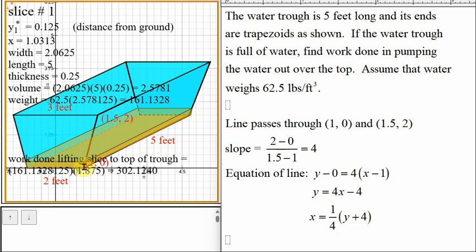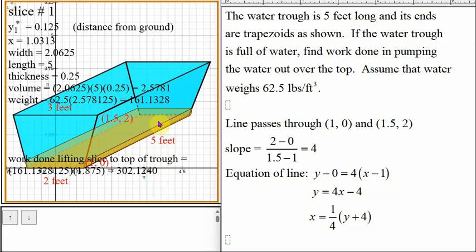And therefore the width of this slice of water is going to be 2 times 1.0313, which is 2.0625. And then the length here is 5, and the thickness is 0.25.